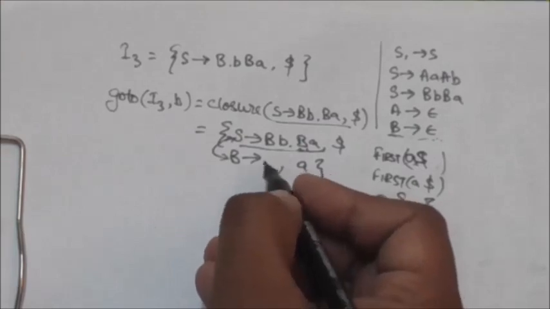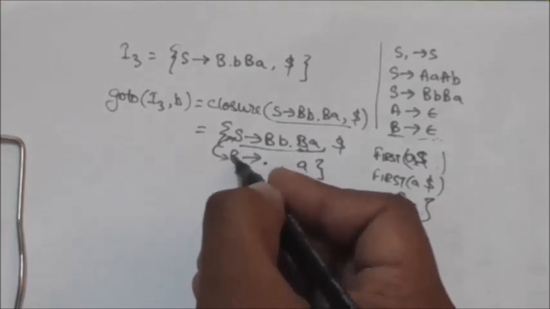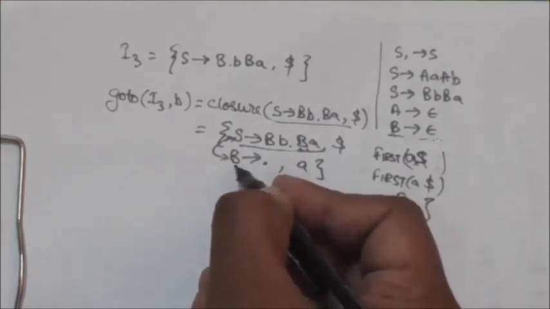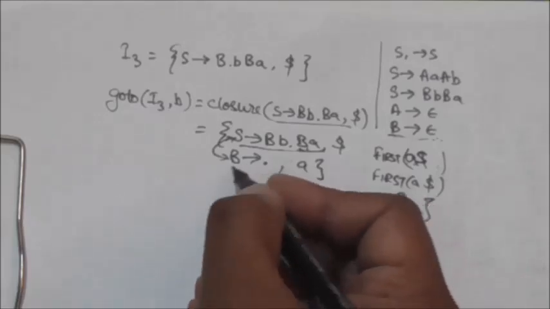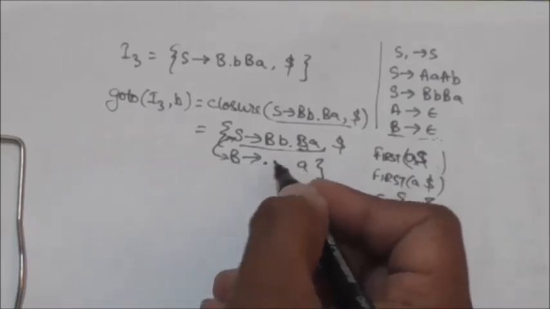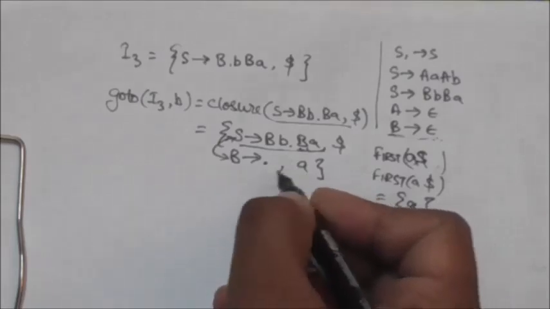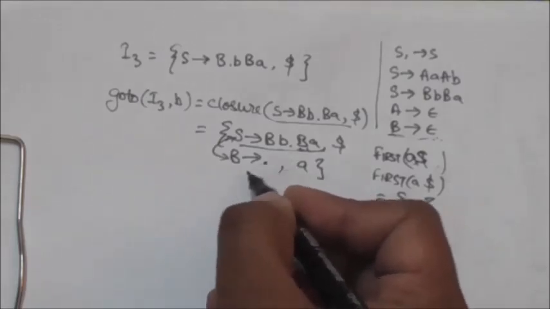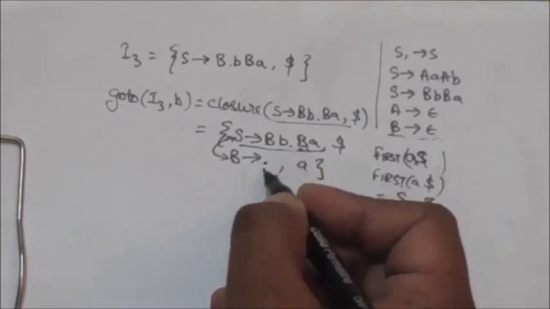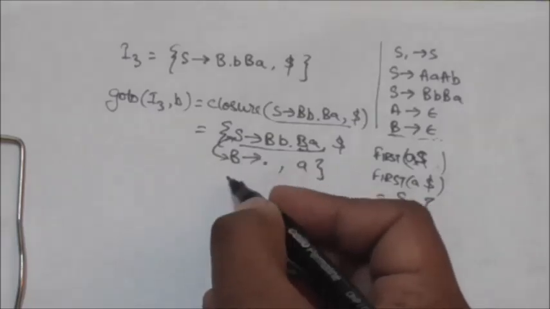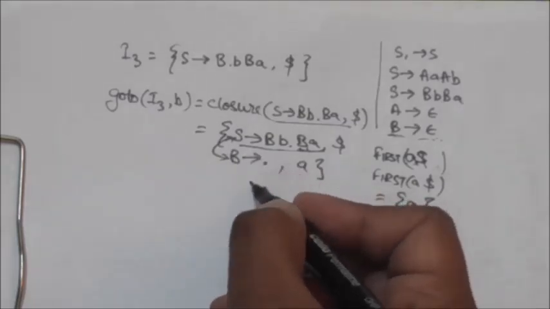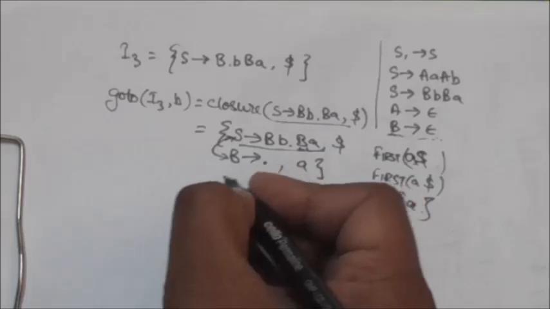Now you can see that to this newly added item we will check the position of dot, right. So here dot is not preceding any symbol, right. So you can see that dot is not preceding any non-terminal symbol, so no new item can be added in this set, right. So this set will have only these two items.